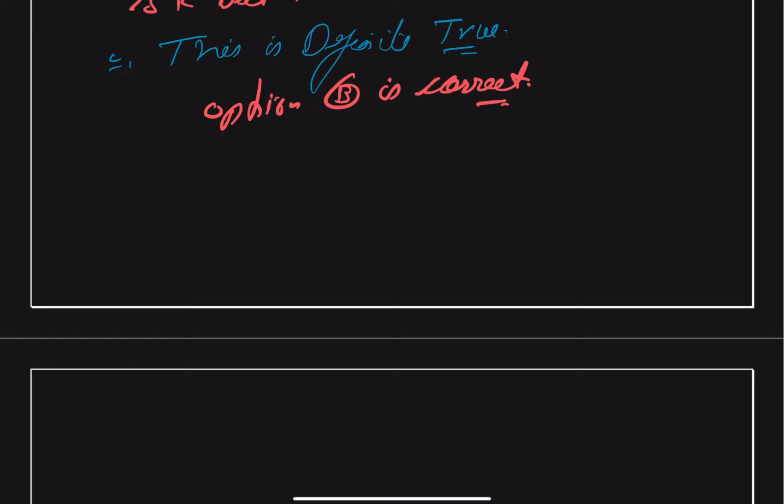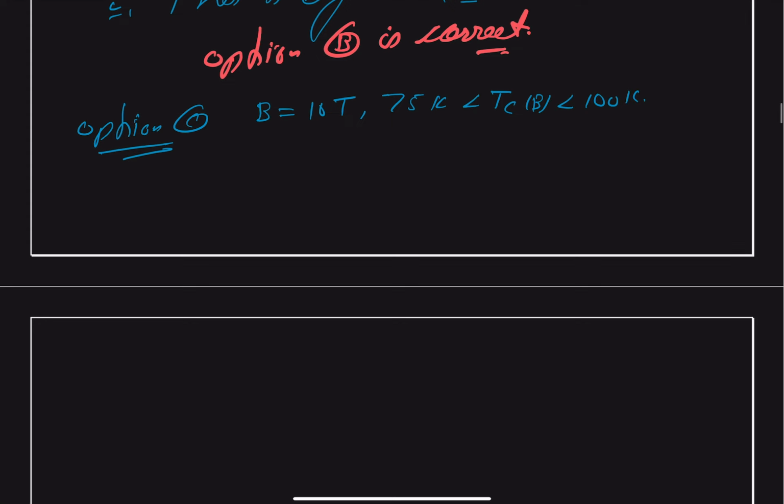Similarly, we go for option C. In option C, we are given that the magnetic field is about 10 Tesla and the temperature once again is lying between 75 and 100 Kelvin, but the magnetic field of 10 Tesla is greater than our 7.5 Tesla. So the temperature must be lower than 75 Kelvin.